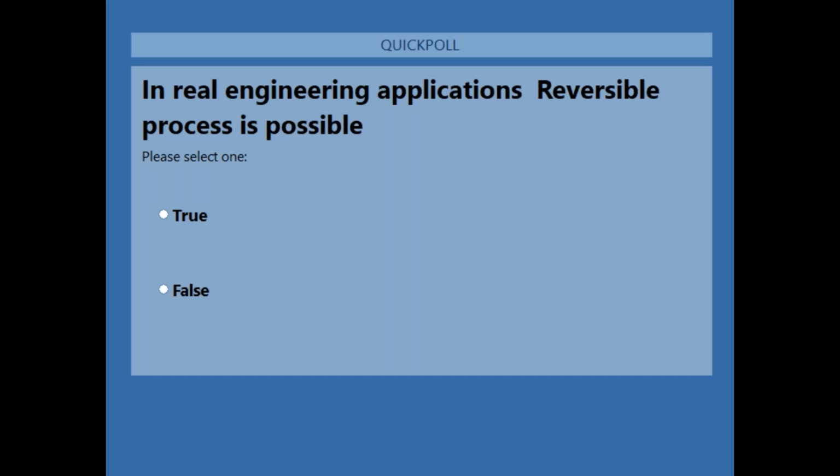I'm not sure whether you really watched the videos. At least the responses to this question, almost all of you have voted, and it was a very simple question: what is a reversible process?